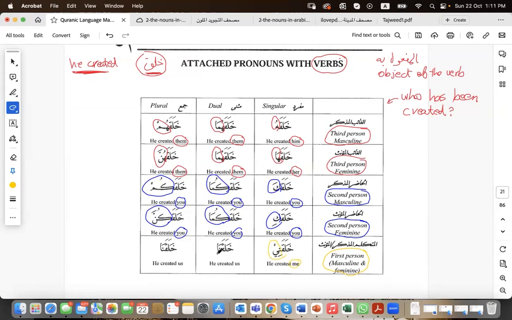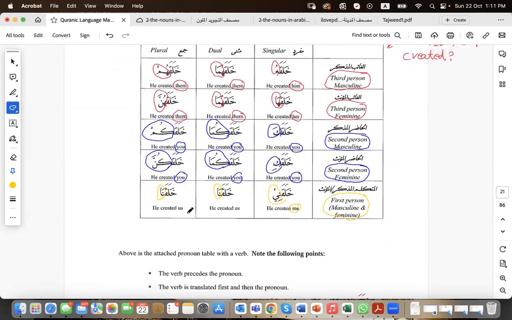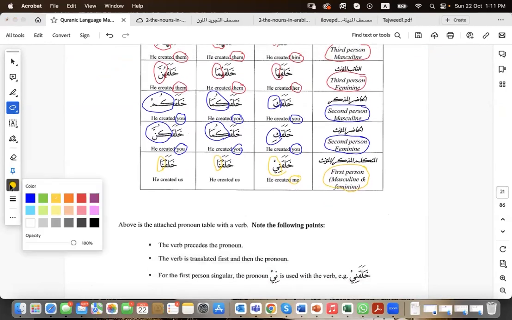And then finally, the na with the fatha and alif, خلقنا, if the speakers are dual or plural, any gender, it doesn't matter here. So again, the presence of those attached pronouns at the end of the verb, as you can see, refers to the object of the verb.